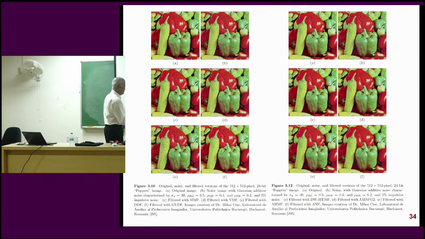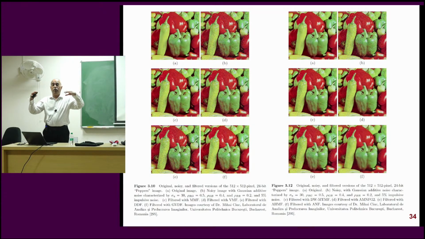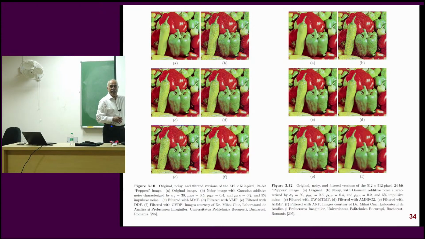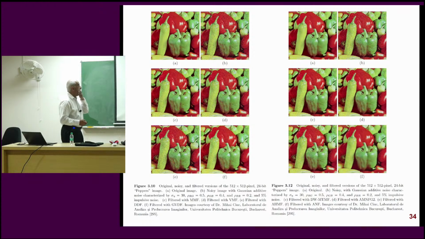There are so many other filters. I have not gone into those details. This is just a very broad overview, like an introduction to color image processing. So I'm not going to describe all of these other modified distance filters. We have described them in the book and also in papers in SPIE, Journal of Digital Imaging, and Journal of Electronic Imaging.